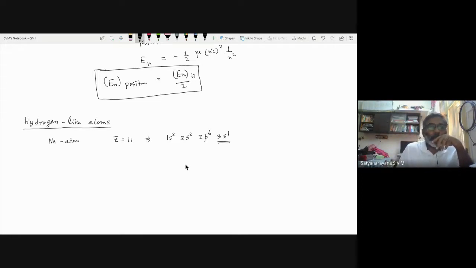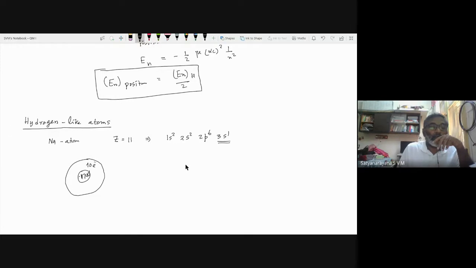So that means now let's say that you have 11 protons and neutrons. So let's call this the nucleus, and then there are some 10 electrons.